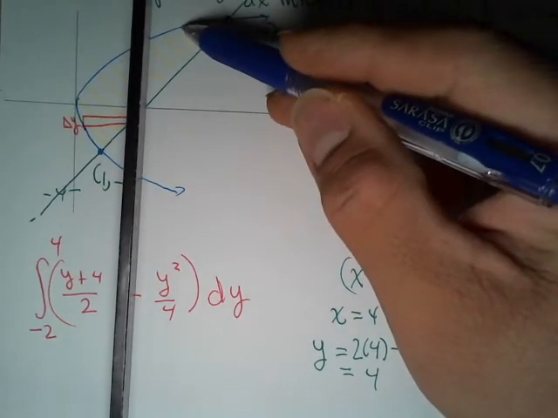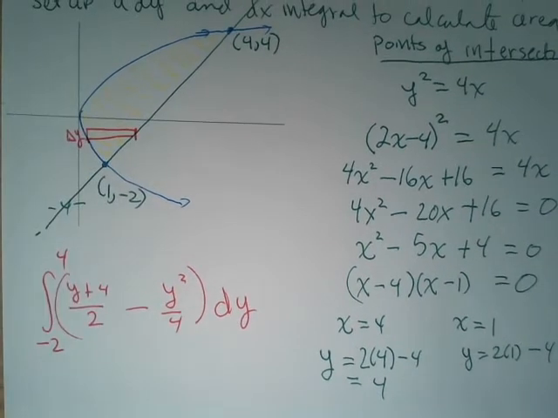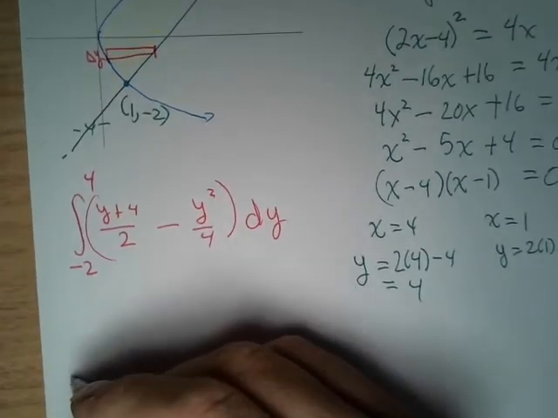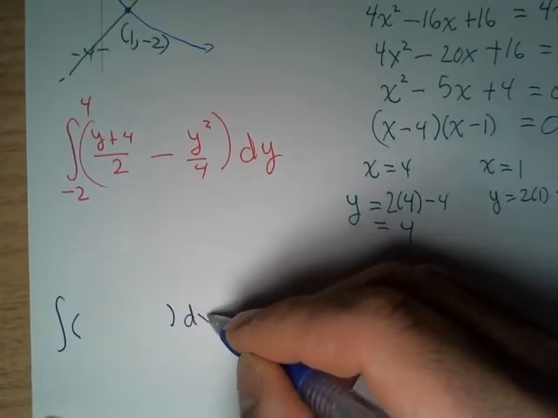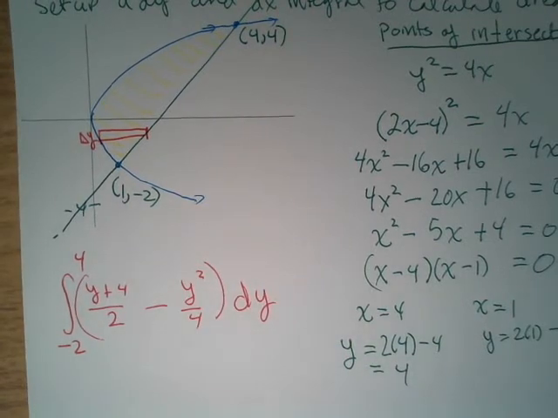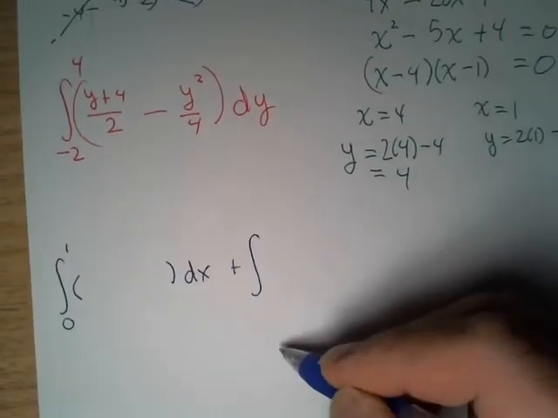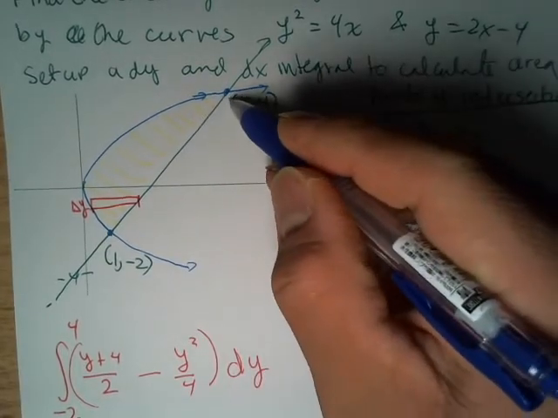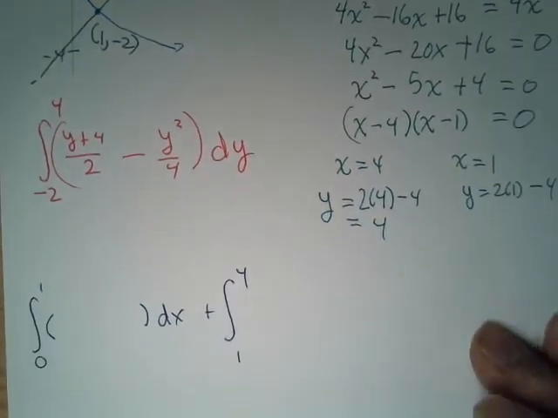The top part is this part of the parabola, and then the bottom part is the linear equation. So we're going to have two separate integrals. Right away we could see, for dx, we're going to have from 0 to 1, looking at the x values. And then from 1 all the way up to x equals 4. Again, it'll be top curve minus bottom curve.